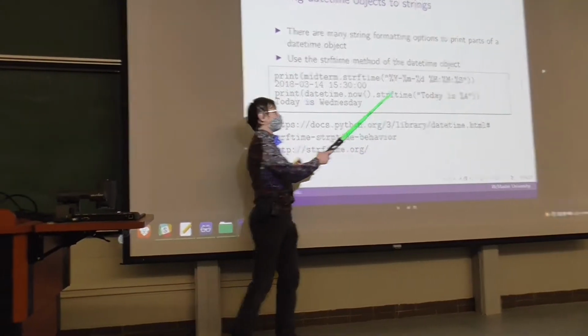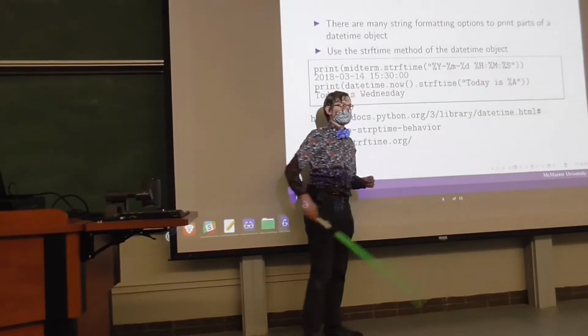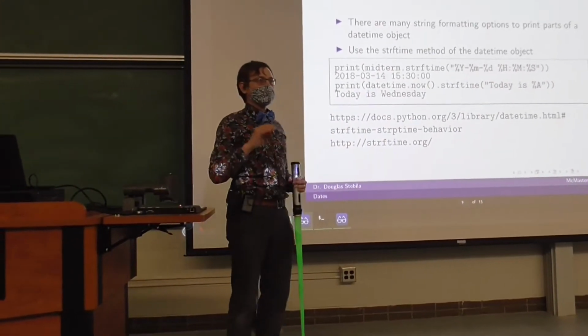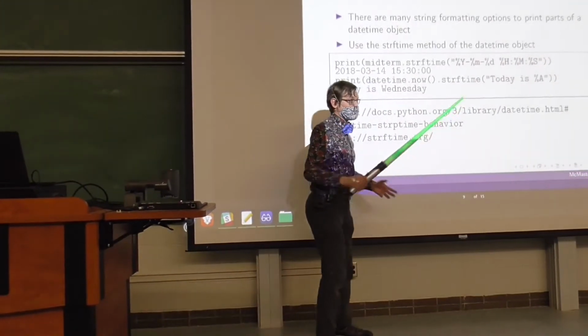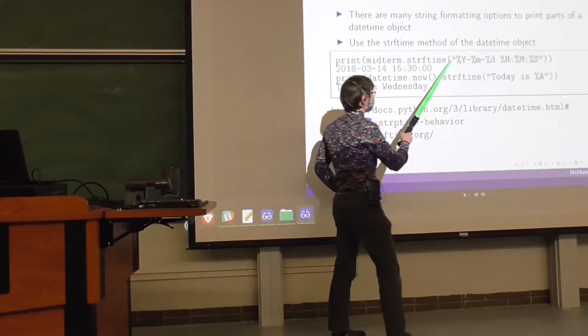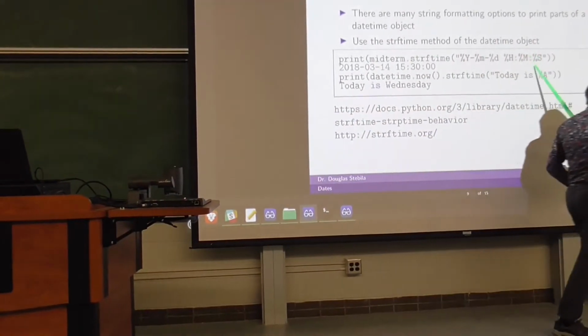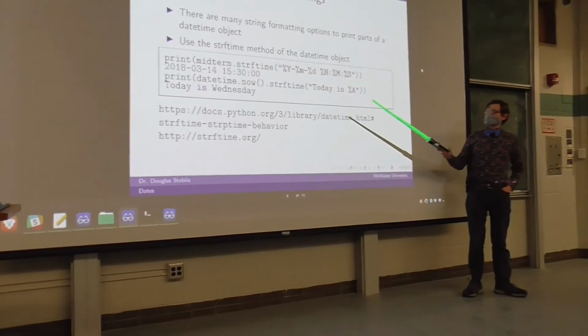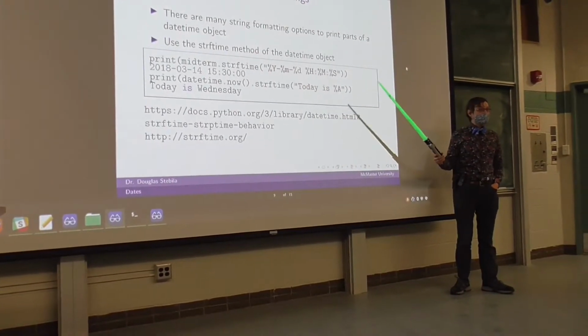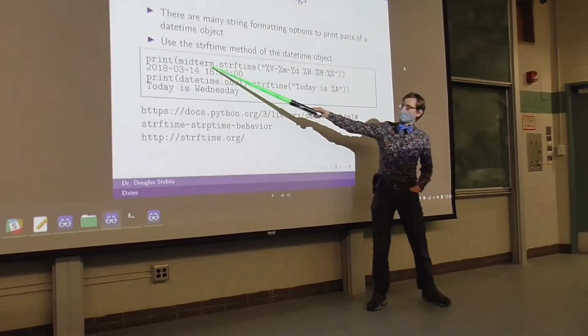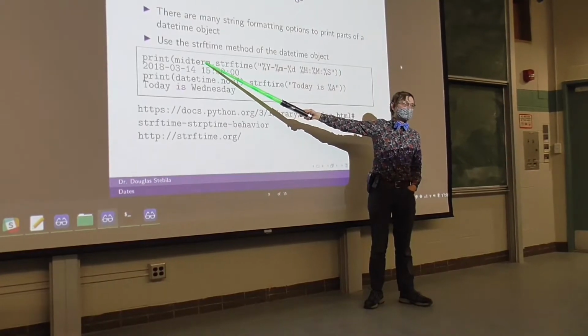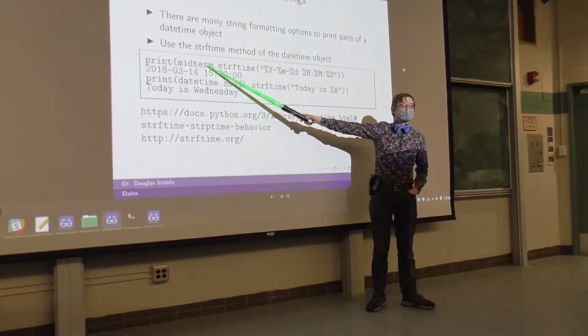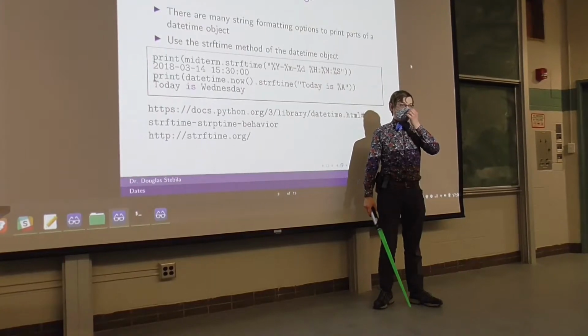There's a very large number of these that you can pull out. But what it does is it takes this format string and inserts into it the appropriate data as collected from the datetime object upon which that method is being called. Does that make sense?